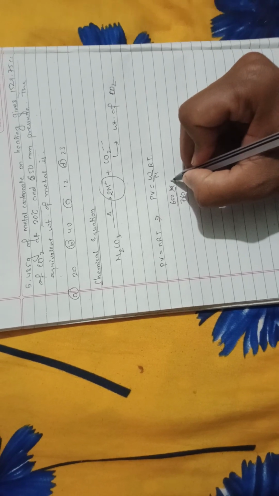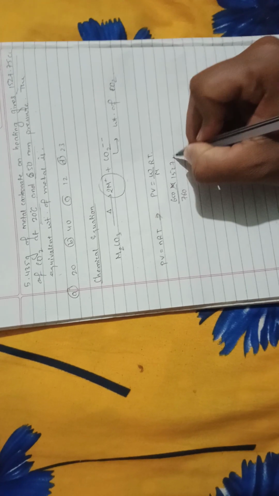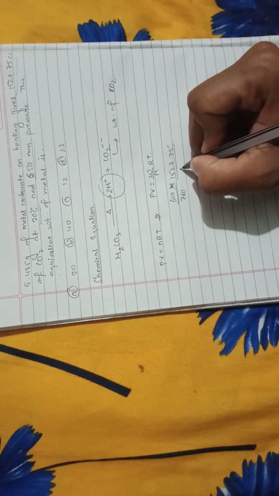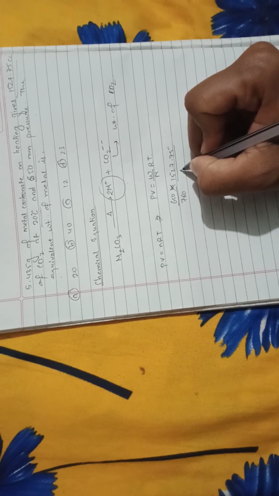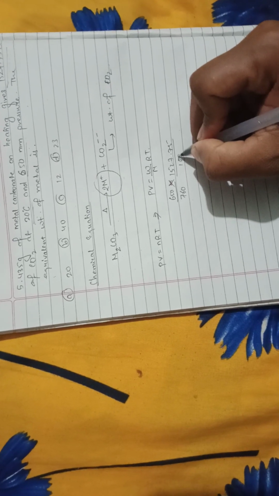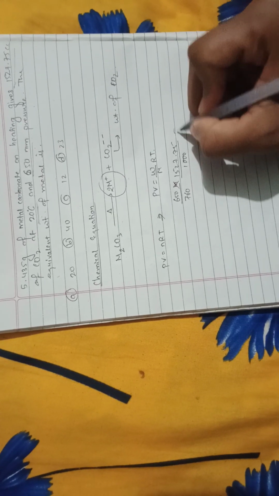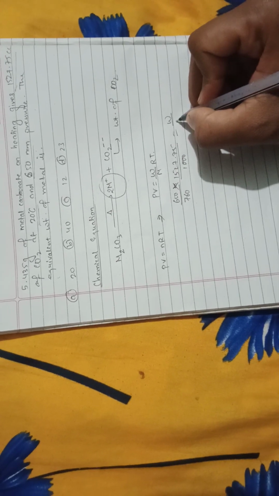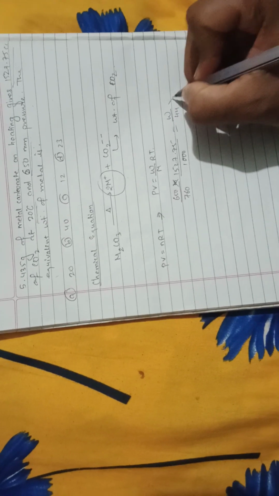And volume we have 1527.75 ml, so we need to convert it into liters. The ideal gas equation is used only with liters, so divide by 1000. Molecular weight of CO2 is 44.